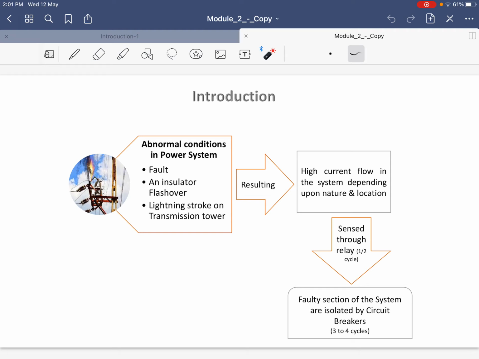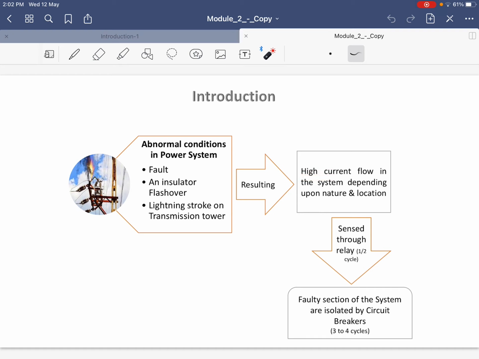When an abnormality occurs, the severity of the fault current depends upon the nature of the fault and exactly at what place it has happened. As a small example, if the fault is occurring nearer to the generator, then the severity of the fault is very, very large. So because of the abnormality, a high current will flow in the system.